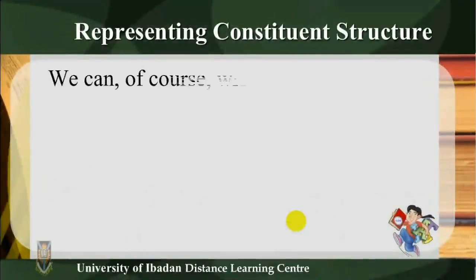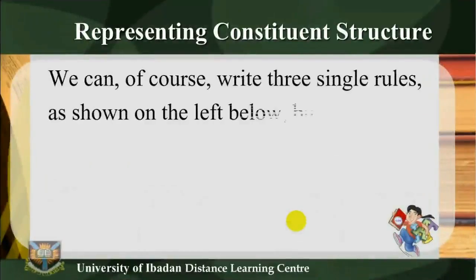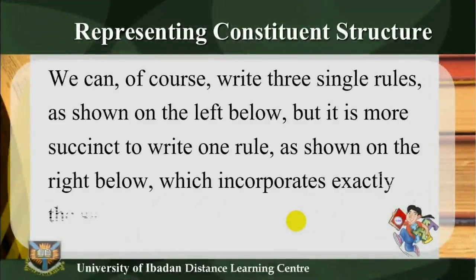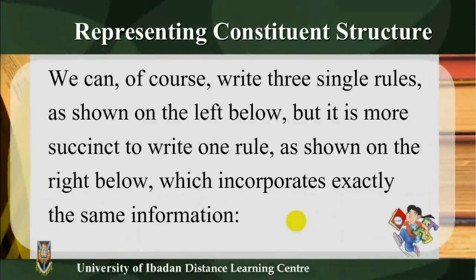We can, of course, write 3 single rules as shown on the left below, but it is more succinct to write 1 rule as shown on the right below, which incorporates exactly the same information.